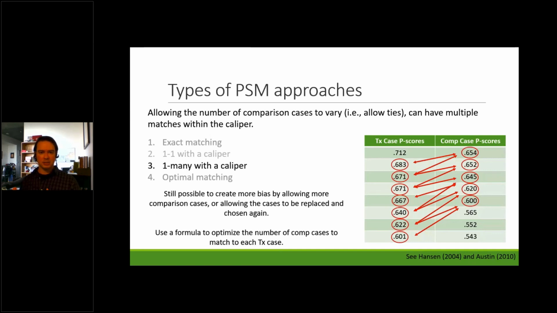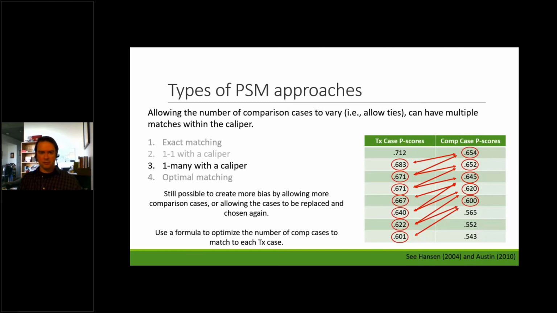And Austin actually did a simulation to examine how many matches in a one-to-many scenario or a many-to-one scenario would best reduce the bias. And generally, it's between 3 and 5 is what Austin was essentially finding. But Hansen will say that it really depends on your situation. So, what I'll tend to use is both.